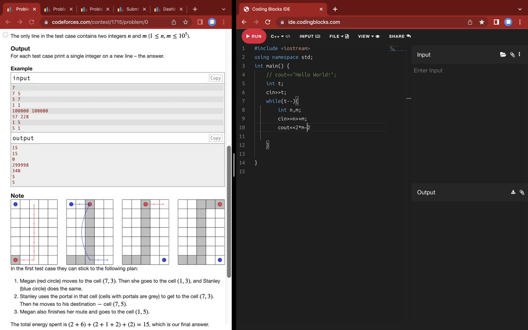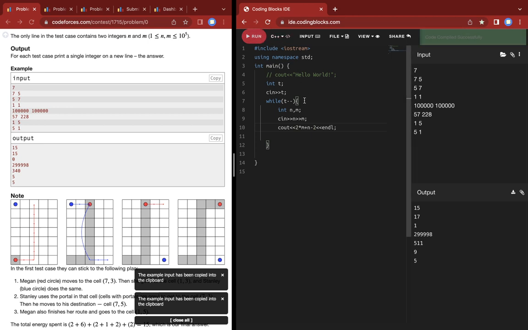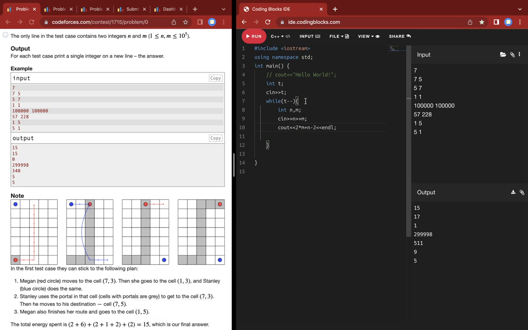So this would be n plus n. So this should be the answer. Okay, that's not the answer.